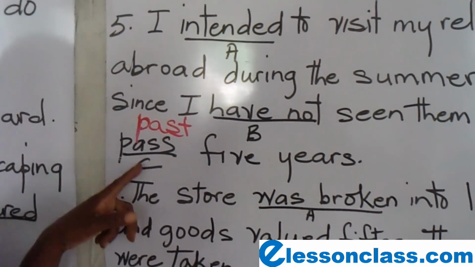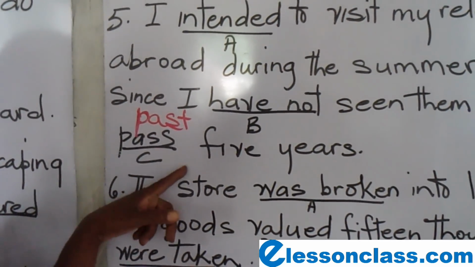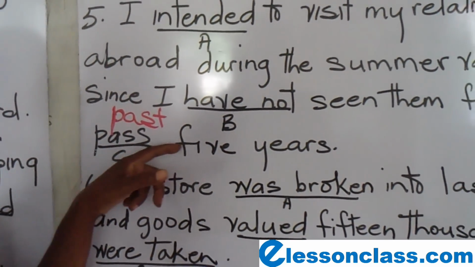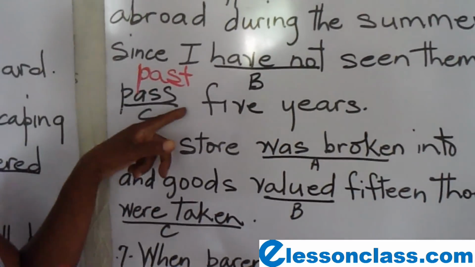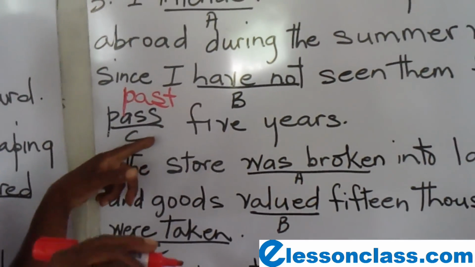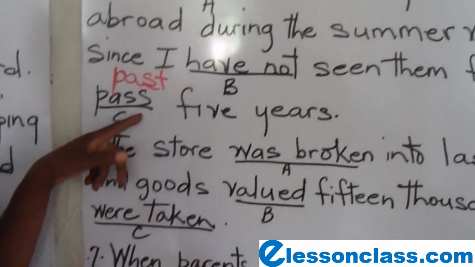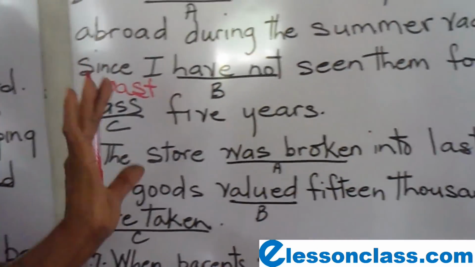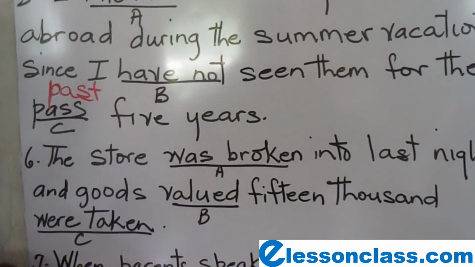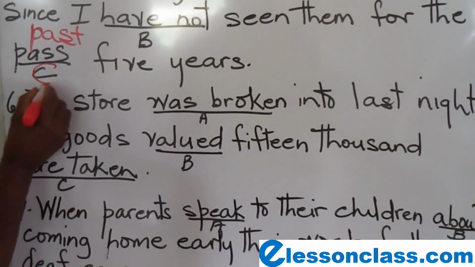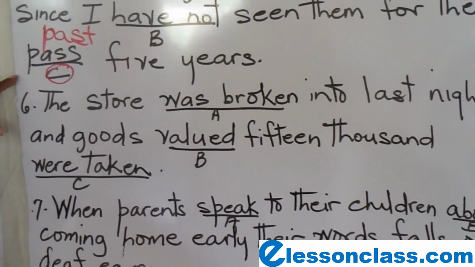PASS definitely has a different meaning from PAST, right? I pass by the road, or I pass along the road, then I would use PASS. But if I'm referring to time, past time, it will have to be PAST. So here again, we would shade C.